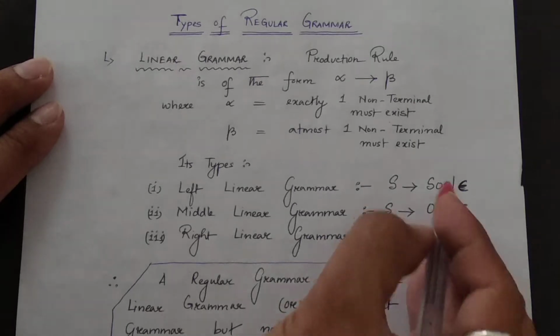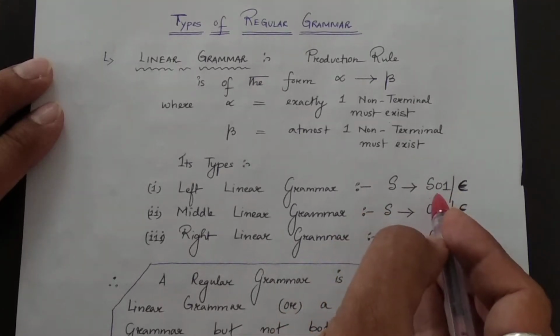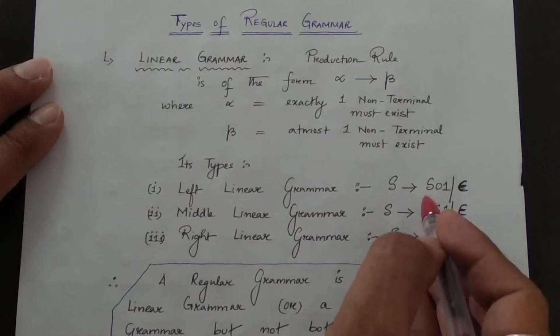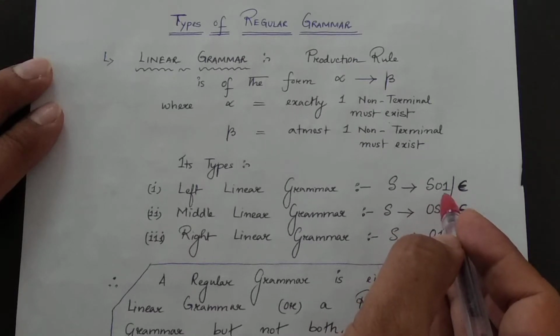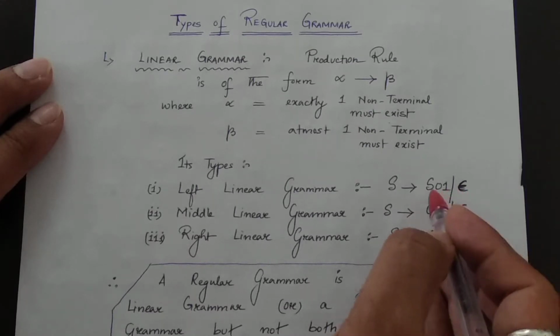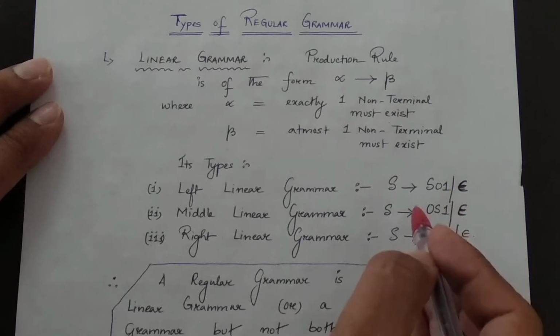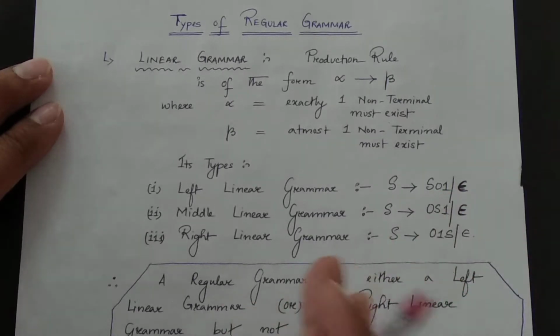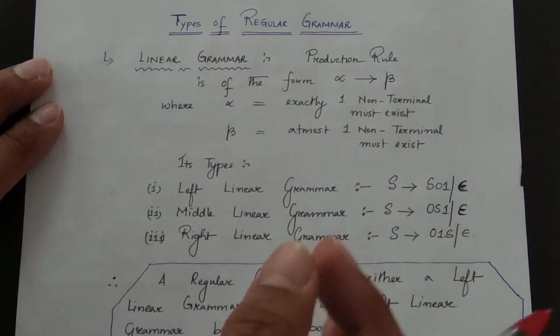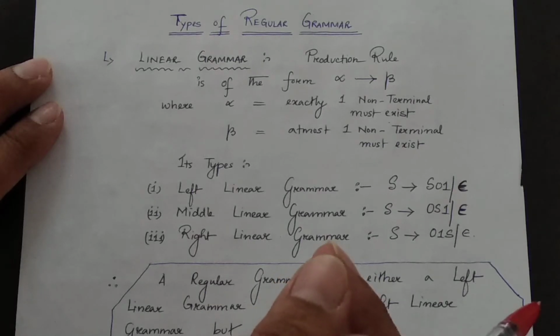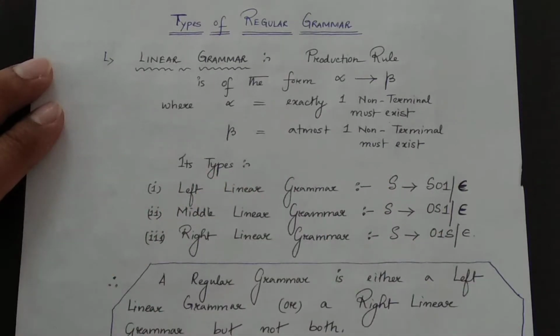That means S01, S0, 1, 2, 3, 4, suppose, or like this, or simply S0. That means the non-terminal with which the production is being defined should be at the left-hand side. That's it.